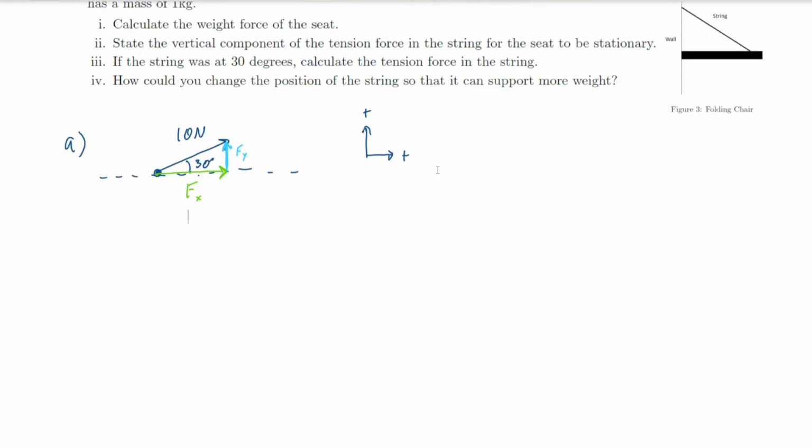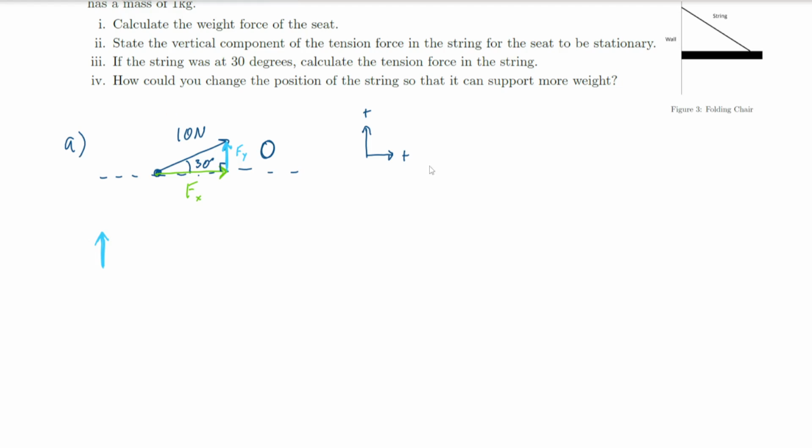So let's work out Fy first. Looking at our diagram, we have a right angle triangle formed by our vertical and horizontal vectors, with the 10 newtons being the hypotenuse. So from the angle 30 degrees, we are looking for the opposite, Fy, and we are given the hypotenuse.